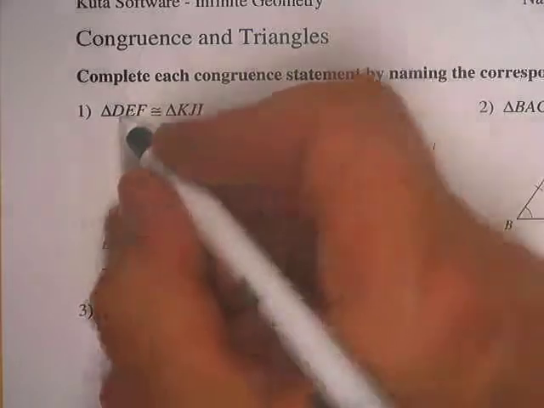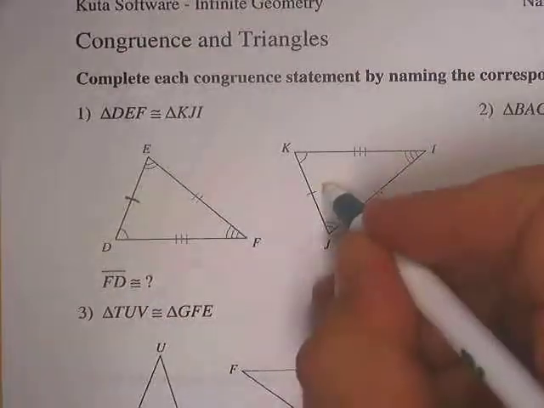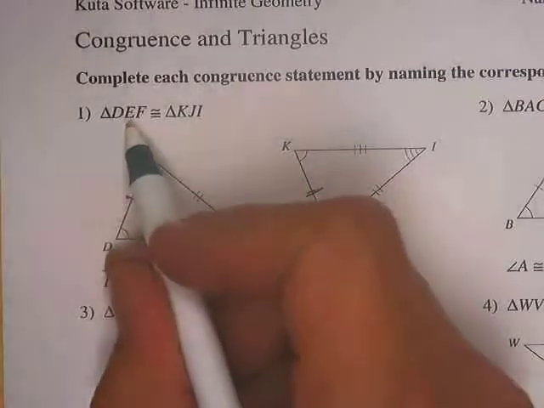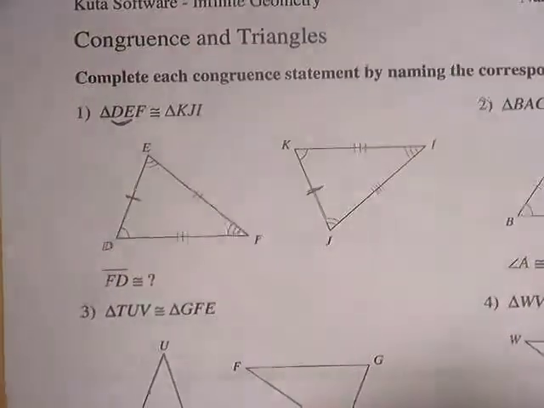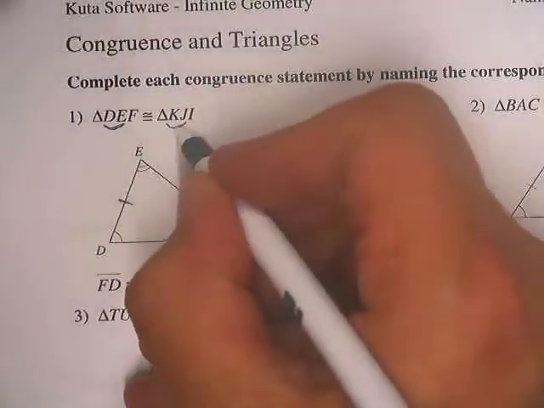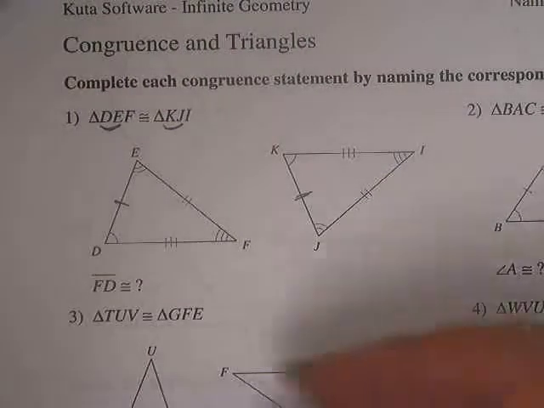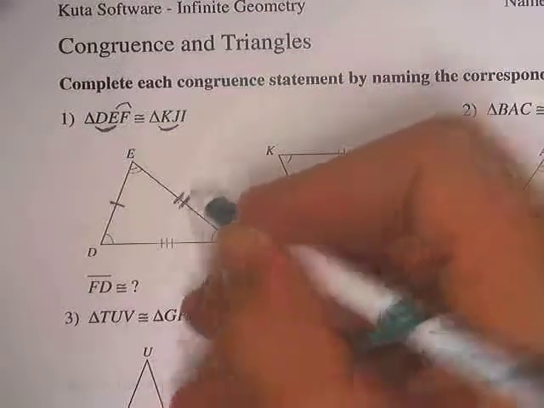Okay, so if I'm looking at DE, DE is congruent to KJ because they both have the same mark, right? Now, in this congruency statement, notice DE is in the first 2 spots, KJ is also in the first 2 spots. Next, EF.